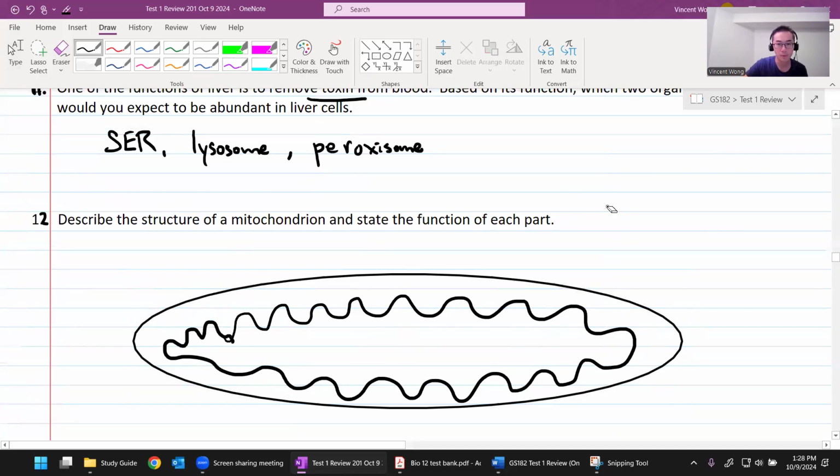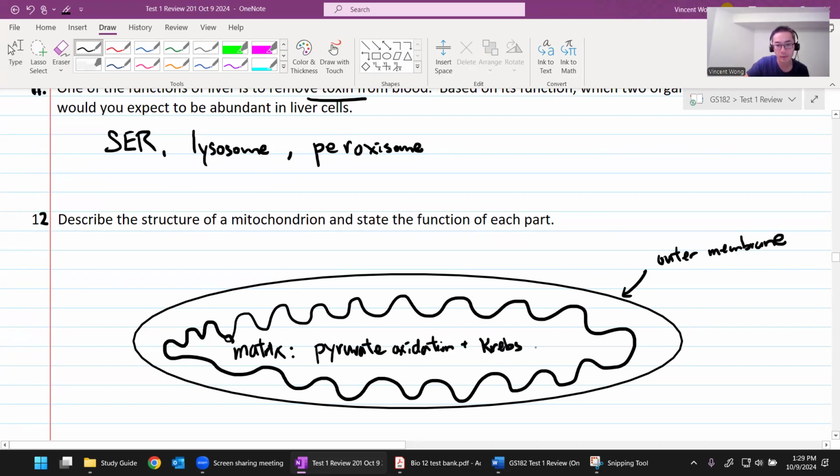So for example, we know that this is the outer membrane. We know this is the matrix, and that is where pyruvate oxidation and Krebs cycle occur.